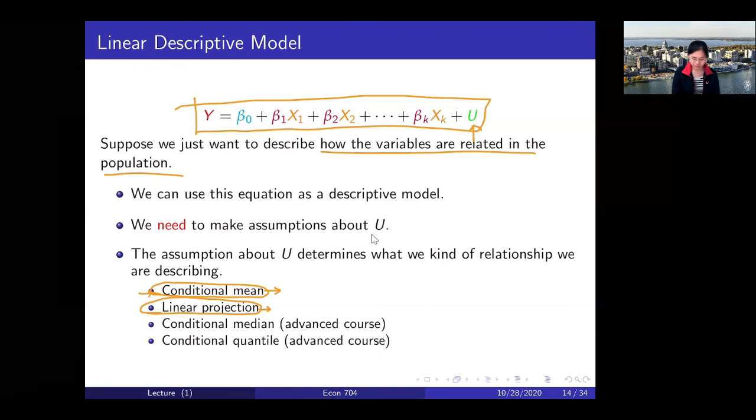And yet another descriptive model would be the conditional median model or conditional quantile model. We will not talk about this one in this course.